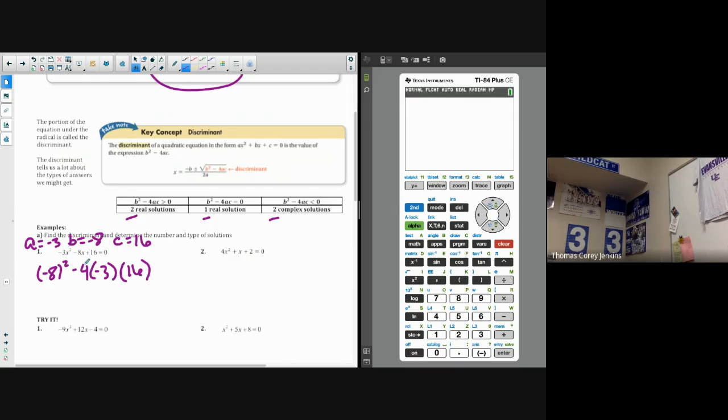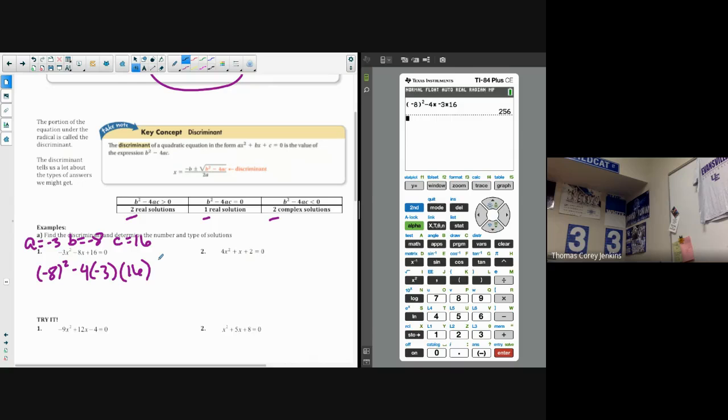When you type that in, use parentheses for -8, or you could just type 8 squared, since -8 squared and 8 squared are the same. Minus 4 times -3 times 16 is equal to 256.